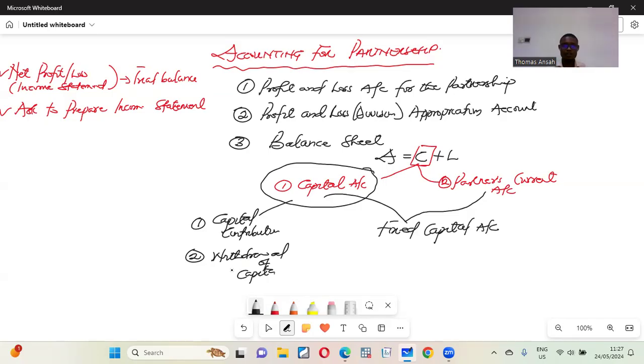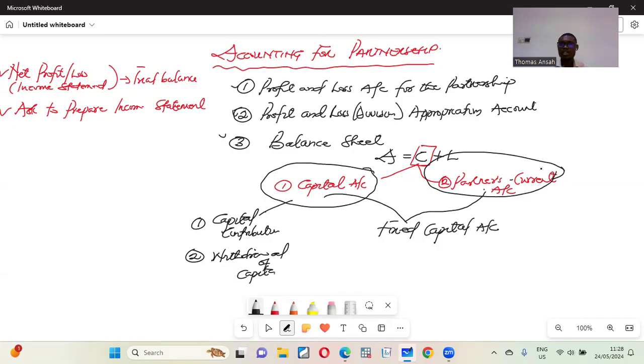We will look at the format of all these accounts that we are talking about. All right. Now, I said that if you prepare a capital account that is separate from the current account, we call it what? The fixed capital account. But if you have a question where the question says to combine the capital account with the current account, it means everything that is here and everything that is here will be put together.